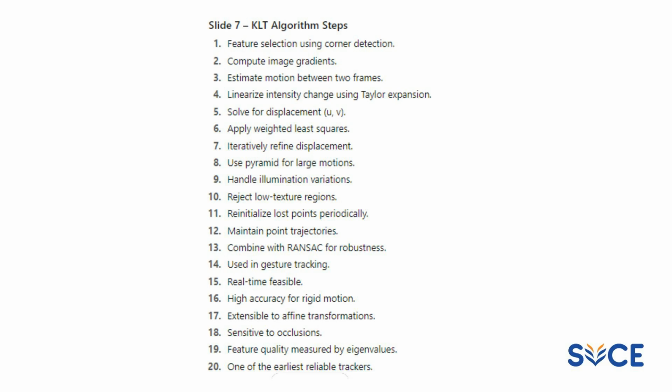It keeps the valid features and optionally detects new ones to maintain robust tracking. We have to repeat for subsequent frames. It performs the same process for each new frame, tracking all valid features across the video sequence.